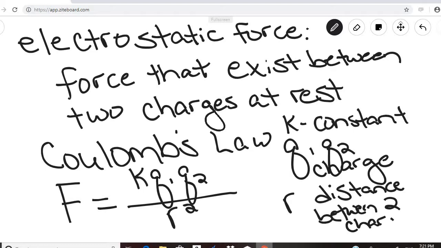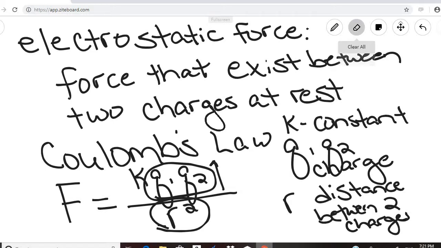If you look at the equation, you see that the force is directly proportional to the magnitude of the charge, and inversely proportional to the distance between them. So the greater these charges, the greater will be the force, and the closer the objects are together, the greater will be the force. The farther those objects are away from each other, the less will be the force.